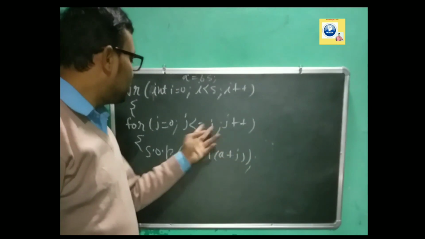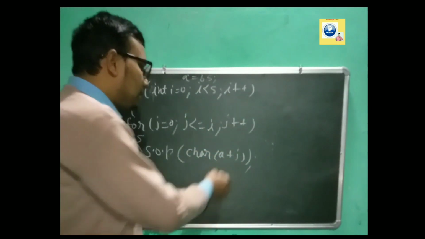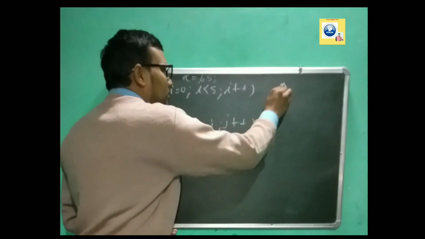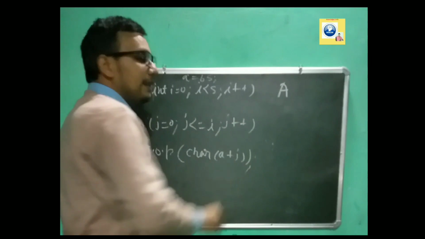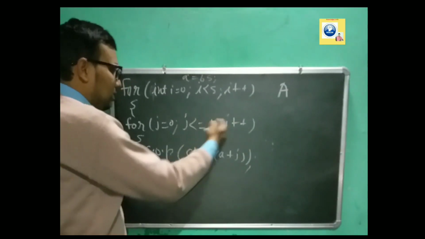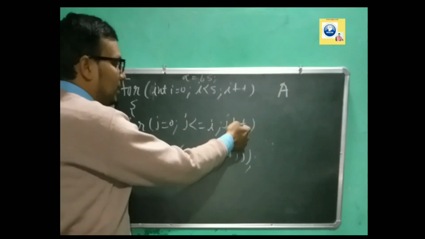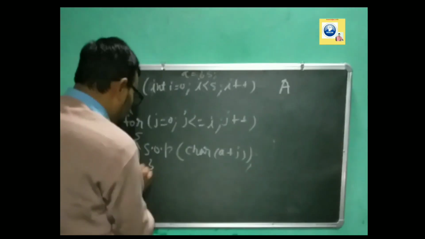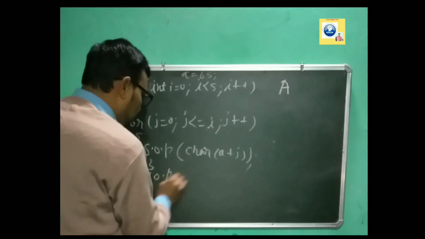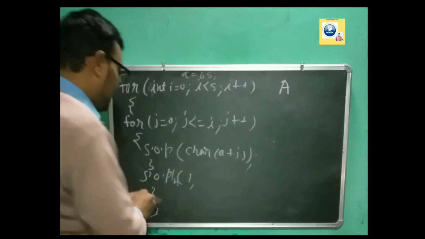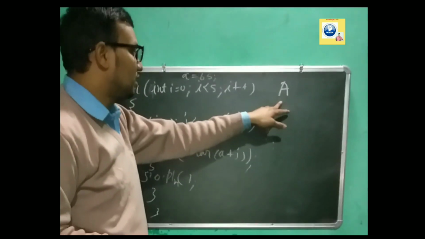When it is converted into the character data type, it will print the ASCII character. 65 is the ASCII value of which character? Capital A. Okay, when j++ happens, it becomes 1. 1 is not lesser than or equal to 0, the condition gets false. When the condition gets false, the line will be changed and the cursor will come to the next line.